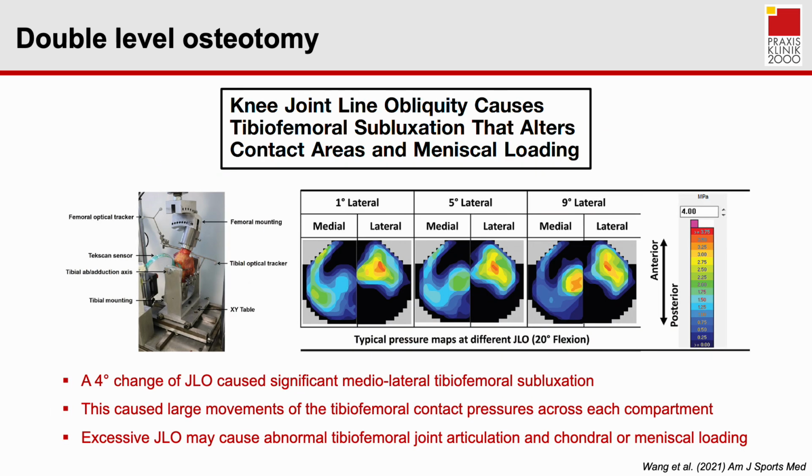In this biomechanical study with human cadaveric knees, a 4 degree change of joint line obliquity caused significant mediolateral tibiofemoral subluxation, which caused large movements of the tibiofemoral contact pressure across each compartment. Excessive joint line alterations may therefore cause abnormal tibiofemoral joint articulation and chondral or meniscal loading.